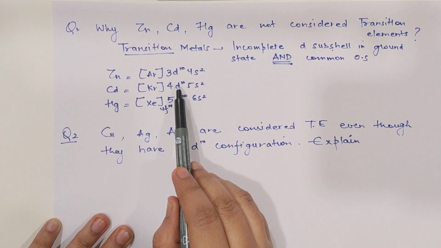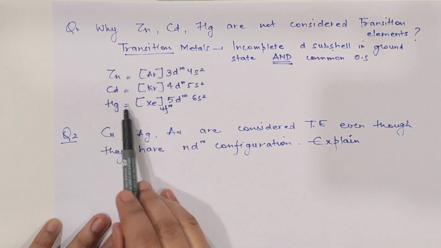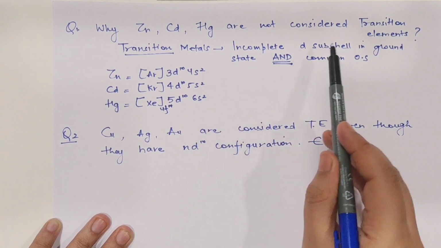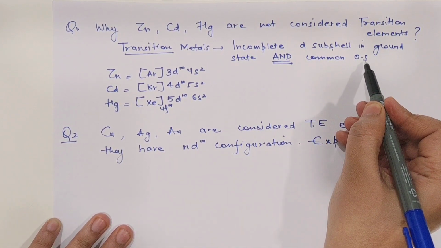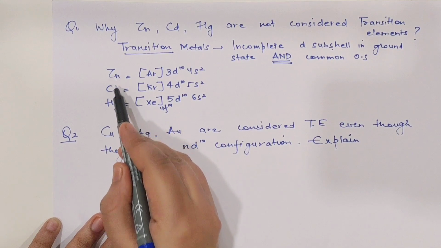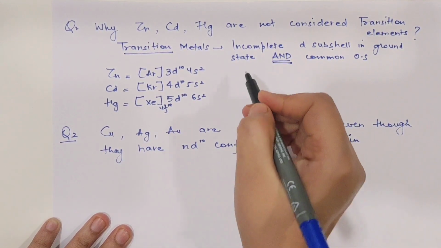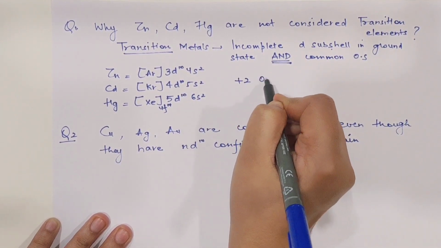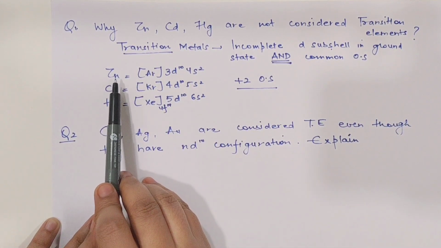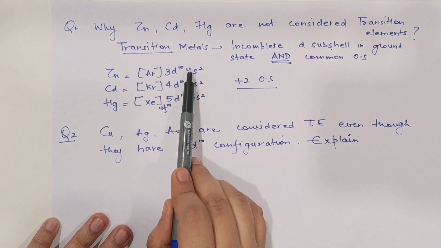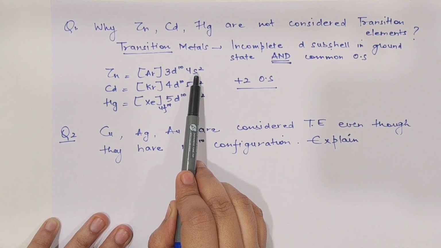If they have completely filled D subshell in the ground state, that is one condition not met. The other condition is the common oxidation state. So these elements show only one oxidation state, and that is +2. Now in +2 oxidation state, the electronic configuration would become the same minus the electrons in the S subshell.